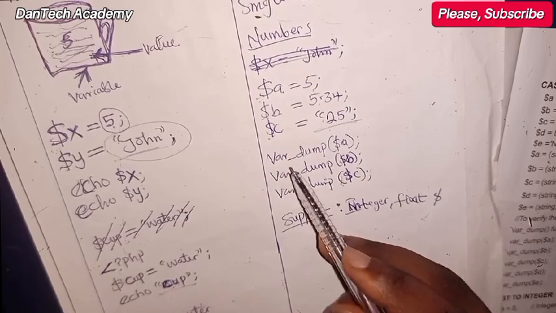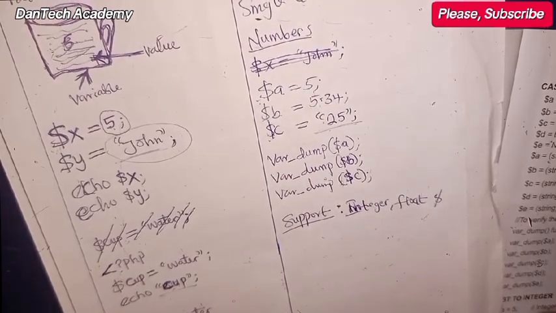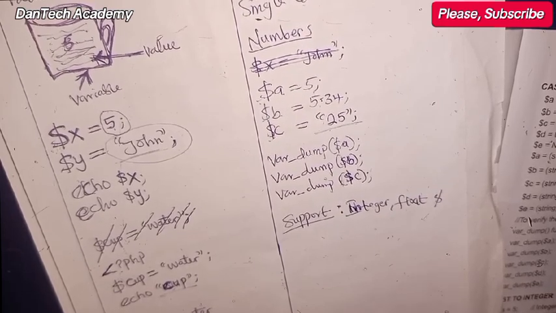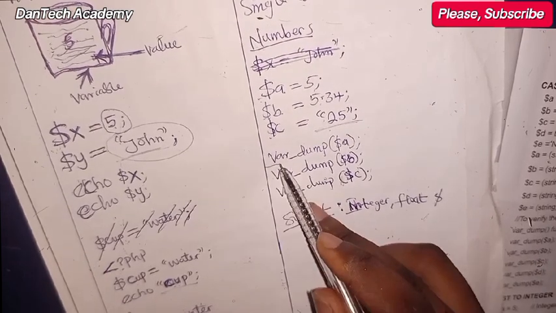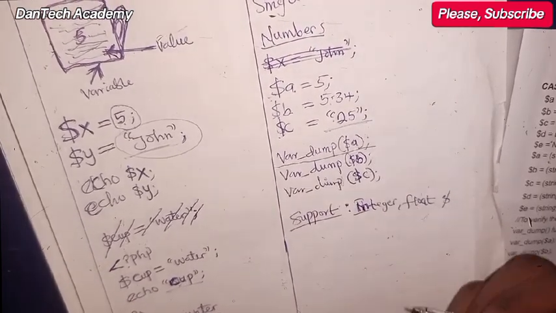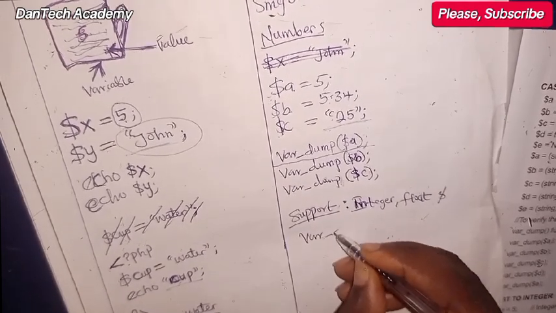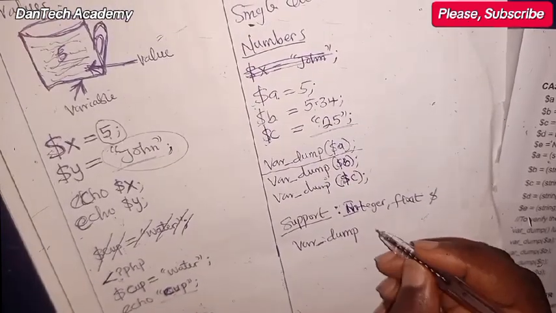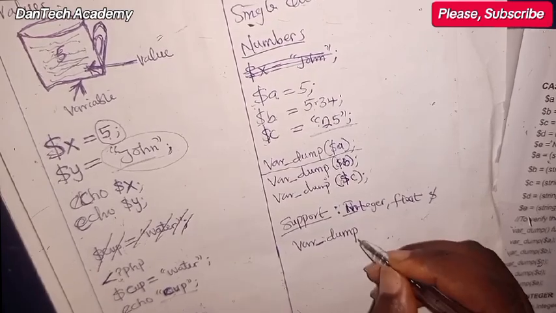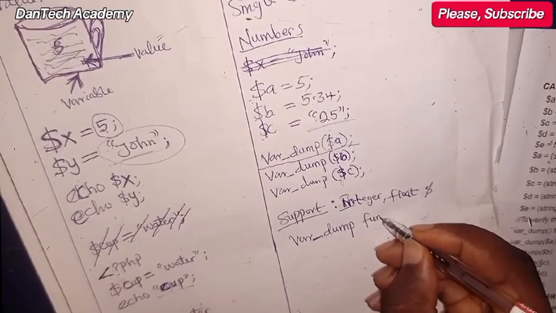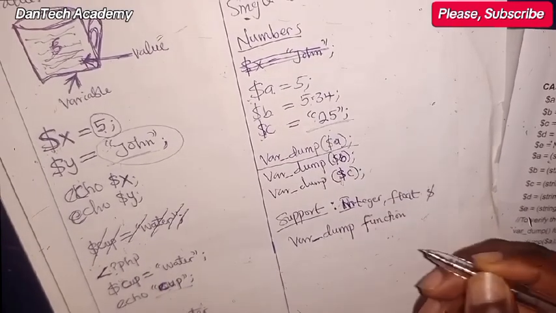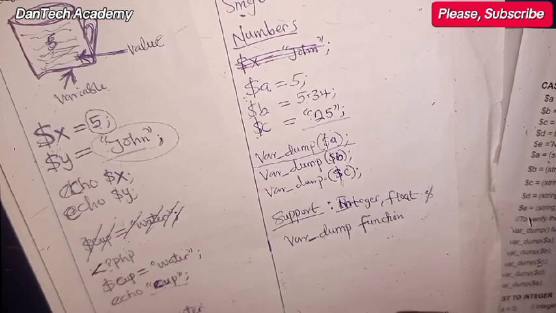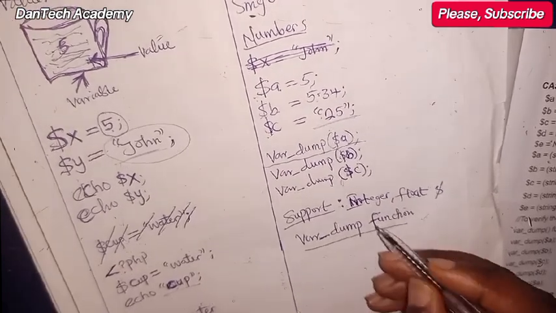So when we say var_dump, it is a function in PHP used to display information about a variable, including its type and value. This var_dump is a function in PHP, and it is used to display information about a variable.